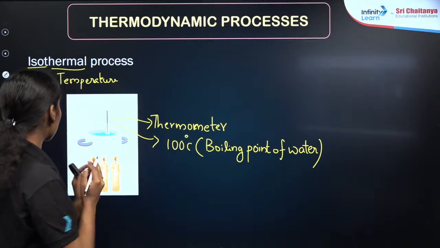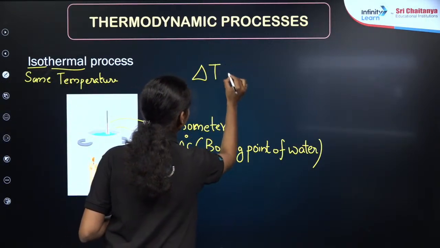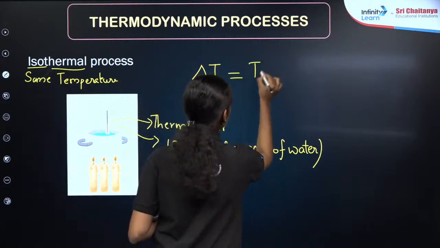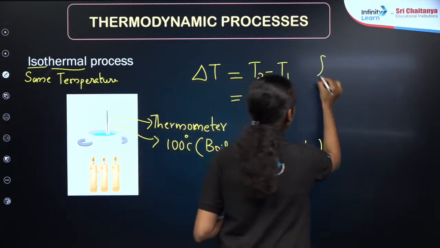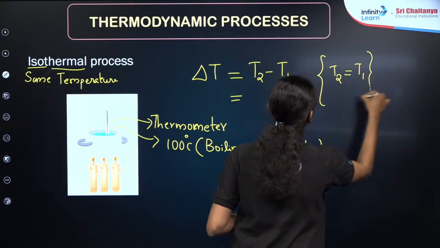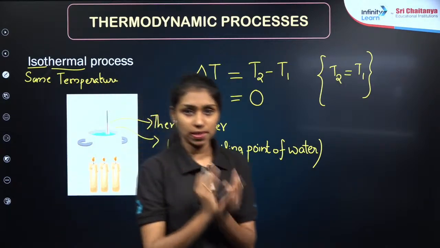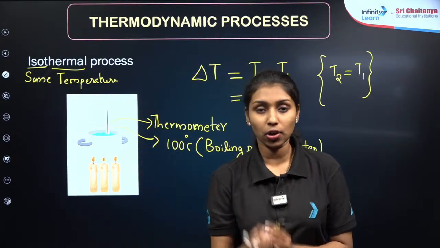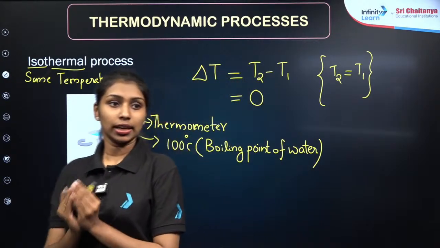So delta T, the change in temperature, is T2 minus T1. T2 and T1 are the same because it is isothermal, so this will be 0. So the condition for an isothermal process is that delta T equals 0, or the process happens at constant temperature. Clear?